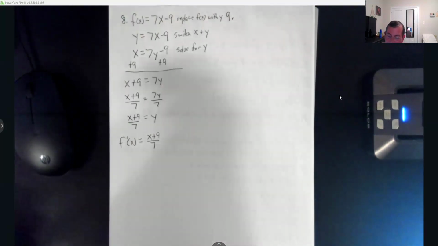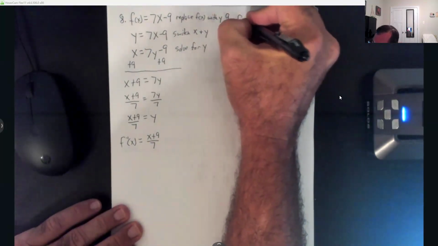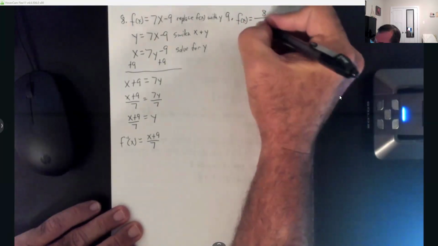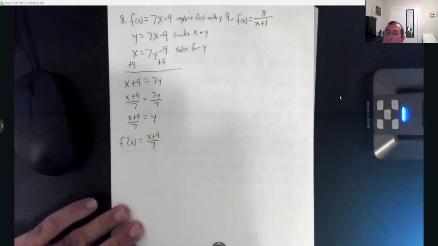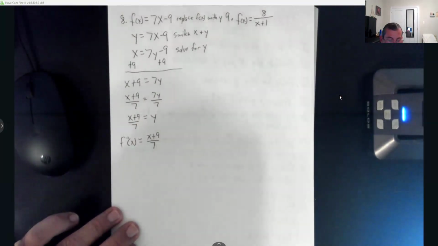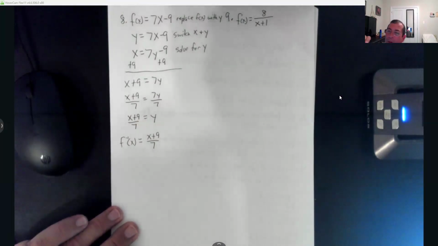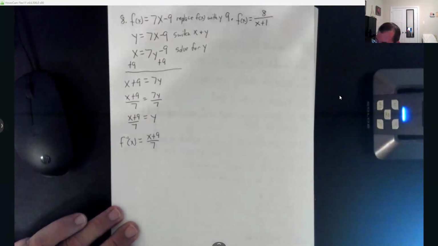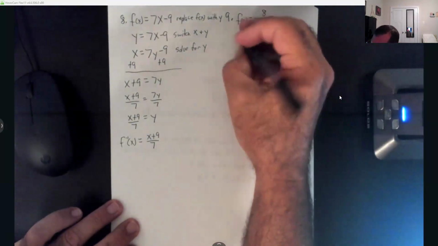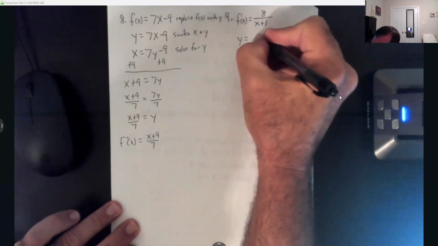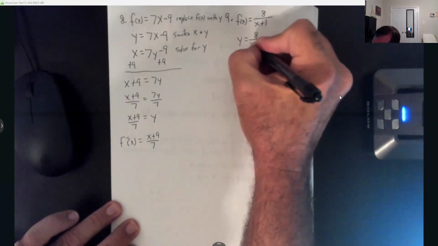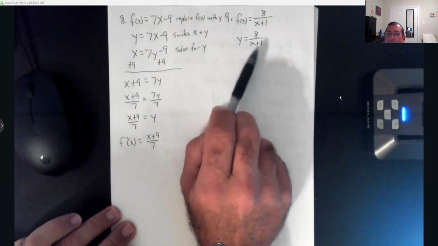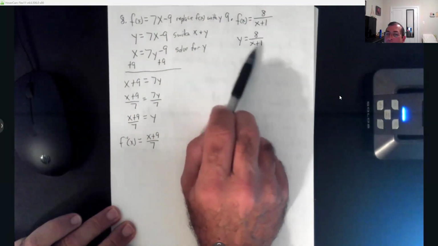All right, y'all, so watch here. Here's a sort of tricky one. f of x equals 8 over x plus 1. So if you graph that, you'd see it'd be sort of a curvy line, but it is one to one, okay? So replace the f of x with a y. Once you turn that f of x into a y, you're going to switch that x and the y around.